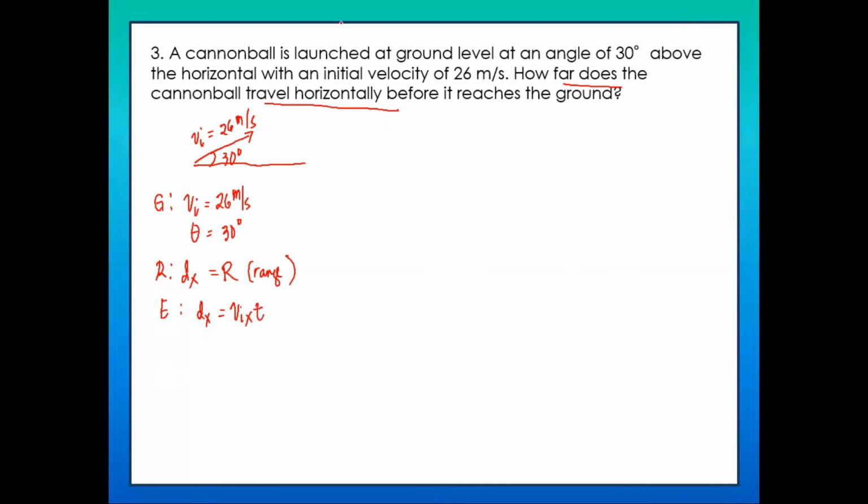Since in the problem we don't have a value for v sub I x, we will get it using this equation, v sub I x is equal to v sub I cos theta. So we substitute 26 meter per second multiplied by cos 30 degrees. Press cos on the calculator, then 30, equals sign. We won't round off to 2 decimal places yet.